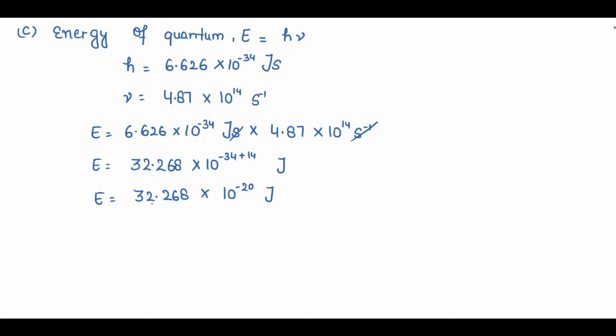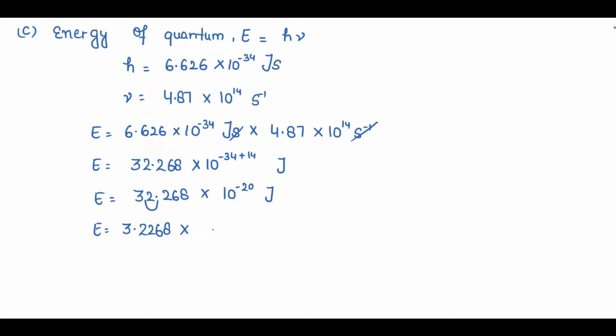Now I just want to convert this 32.268 according to the scientific notation. According to the scientific notation, there should be only one digit on the left side of the decimal. I'll simply displace this decimal from right to left. So if I am displacing decimal from right to left, power will be positive. So the answer will be 3.2268.